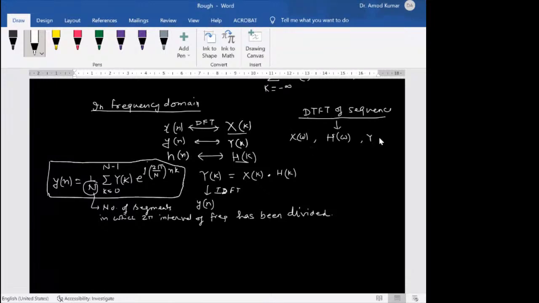This is the notation, first of all. Suppose xn is a sequence, or yn is a sequence, or hn is a sequence in time domain.